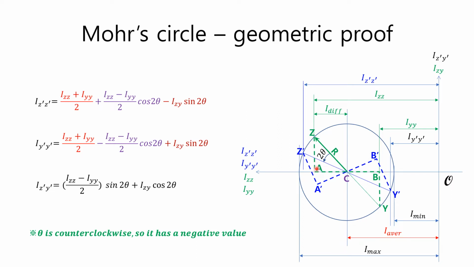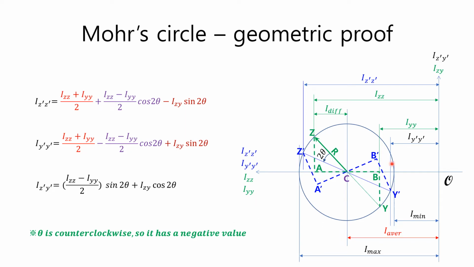Since ZABY of the existing coordinate system has exactly the same shape and length as Z prime, A prime, B prime, Y prime of the coordinate system after rotation, it can be used to calculate the second and product moment of area about the new coordinate system, Z prime, Y prime axis.